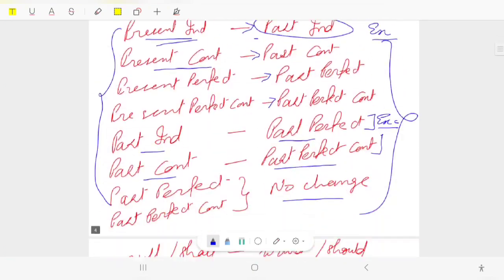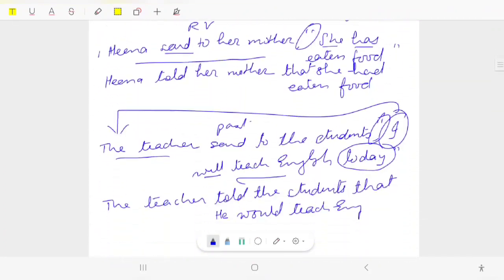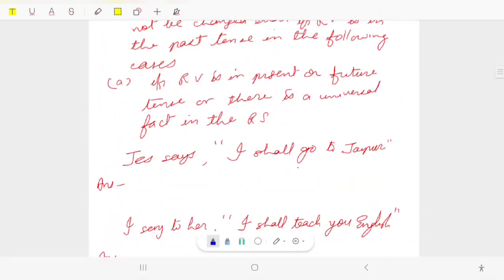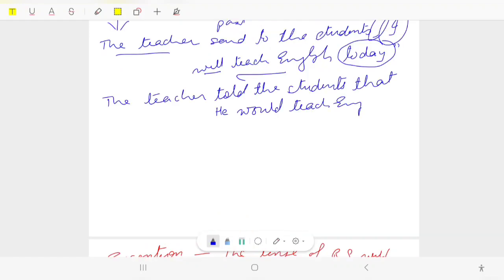So today will become that day. The teacher told the students that he would teach English that day.